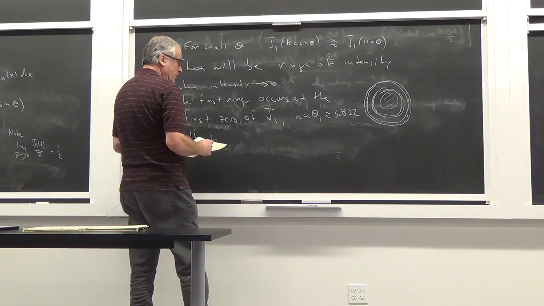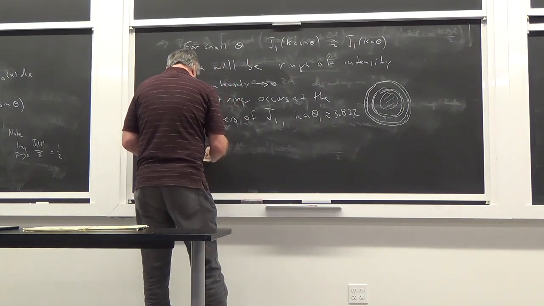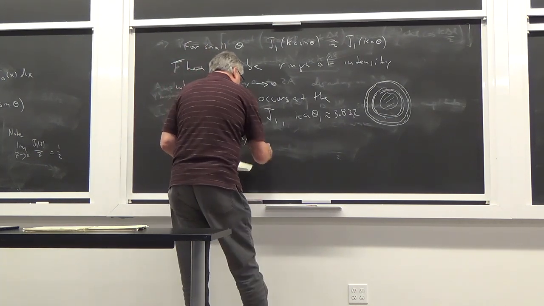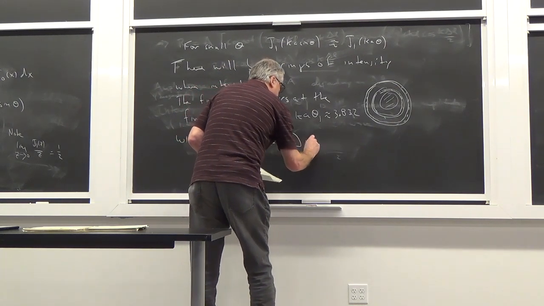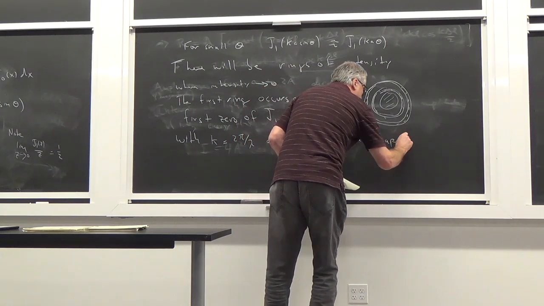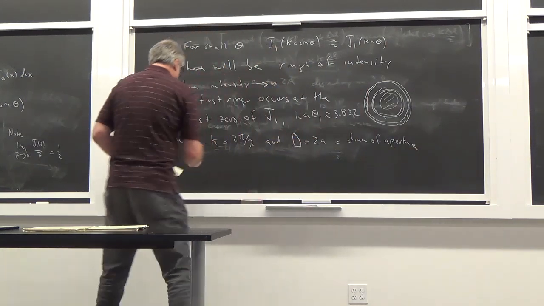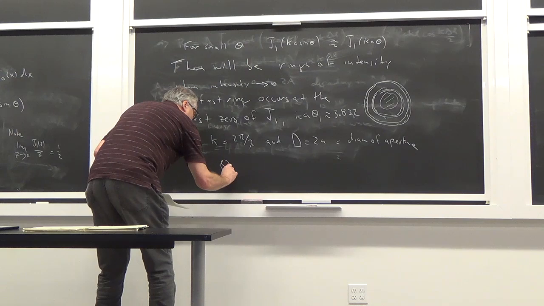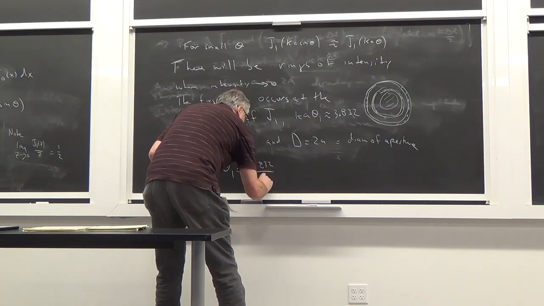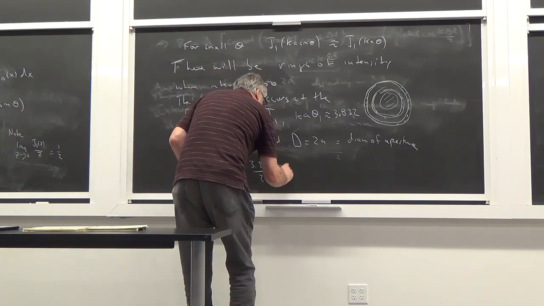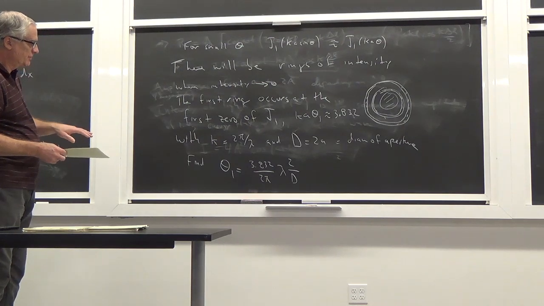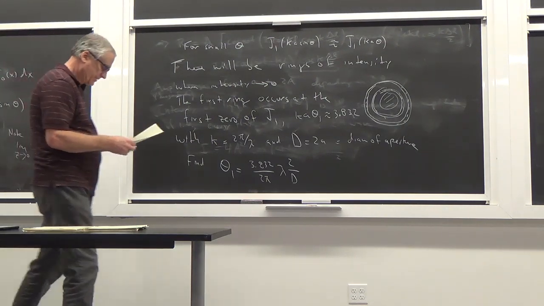So let me figure out what theta 1 is here. Okay, so with k equals 2 pi over lambda, to put it in some more intuitive units, and capital D equal to 2a the diameter of the aperture, we find that theta 1 is equal to 3.832 divided by 2 pi times 2 lambda over D. So the 2s cancel, so you get 3.832 over pi, which is close to 1.